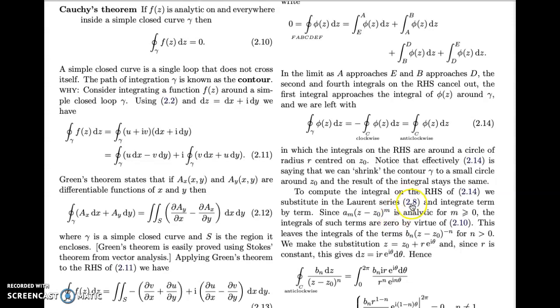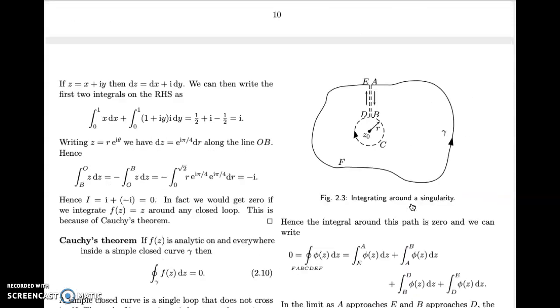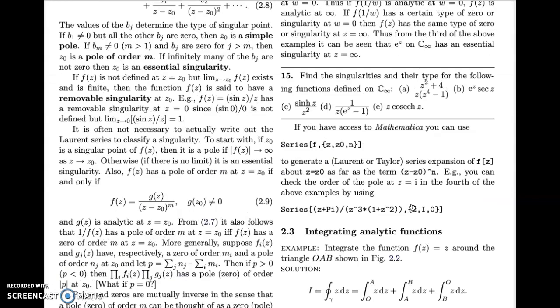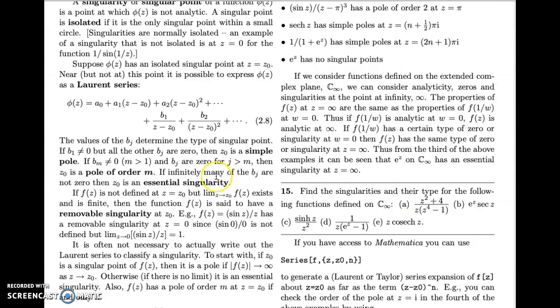Let's look back quickly at the Laurent series, if you remember. It contains a Taylor series part plus these bits with 1 over z minus z naught, which can represent the singularity.